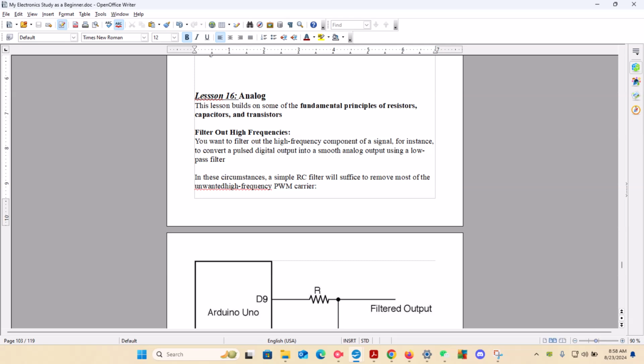In this circumstance, a simple RC filter will suffice to remove any of the unwanted high bandwidth PWM carriers. So your RC refers to resistance and capacitor.